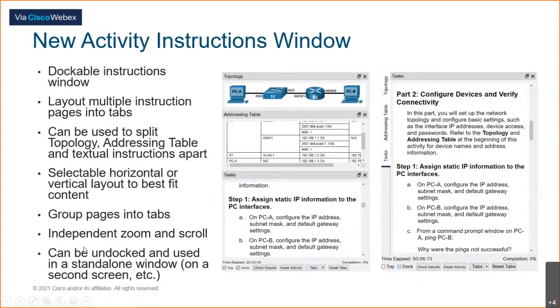This is definitely way more convenient than just scrolling a single PDF back and forth between addressing table and textual instructions. And as I said, this window still can be undocked and used in a standalone window, maybe put on the second screen or something like that.